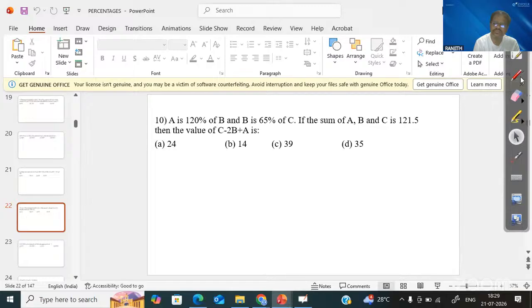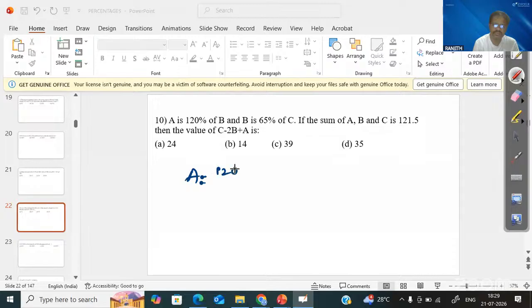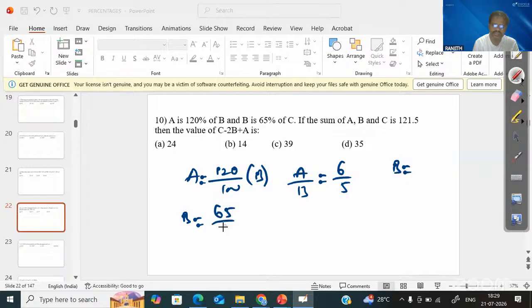So A is 120% of B. A is 120% of B will be equal to A by B equal to 6 by 5, and 65% of B is 65% of C will be equal to 1320, where B by C equal to 13 by 20.